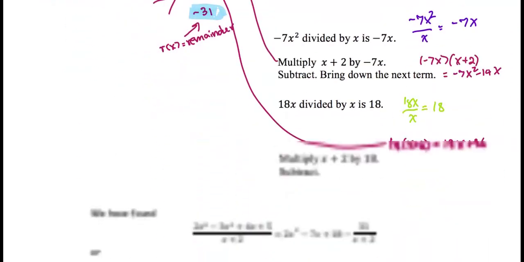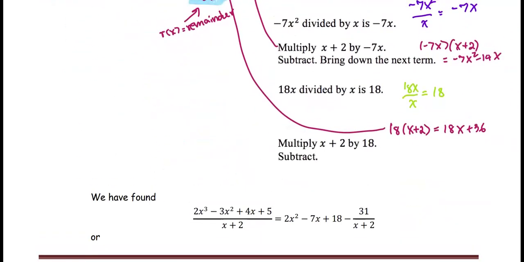Then we're going to rewrite this fraction in the form: 2x to the third minus 3x squared plus 4x plus 5, divided by x plus 2, equals the quotient Q of x plus the R of x, which is negative 31, divided by D of x, the divisor.